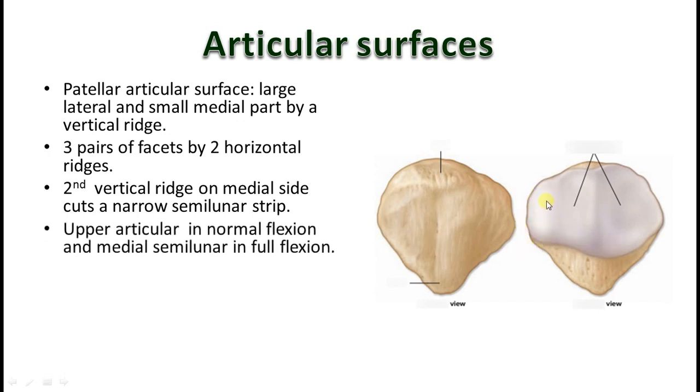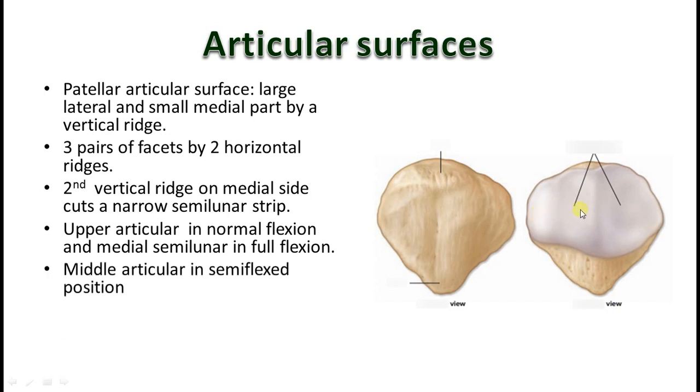Now the upper articular area will contact the femur during normal flexion. This semilunar strip comes in contact with the femur during full flexion. So this is during normal flexion, and this is during full flexion.